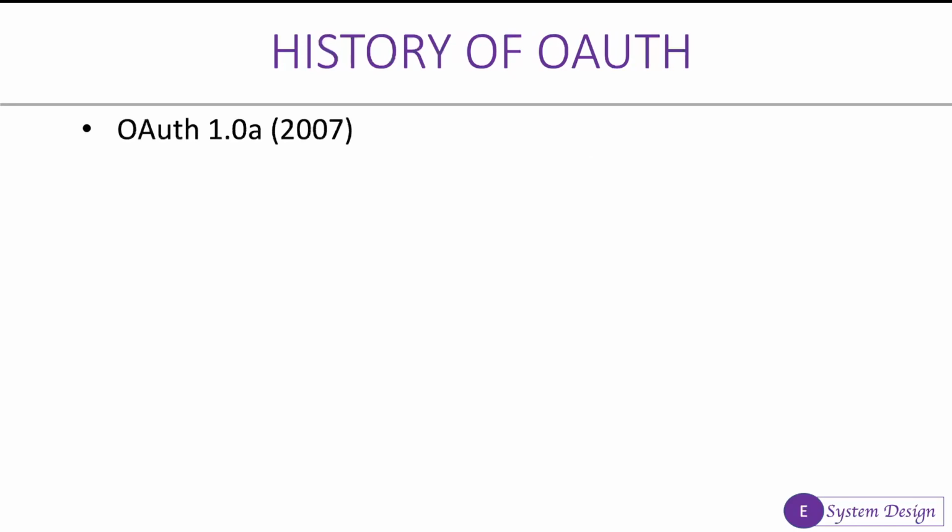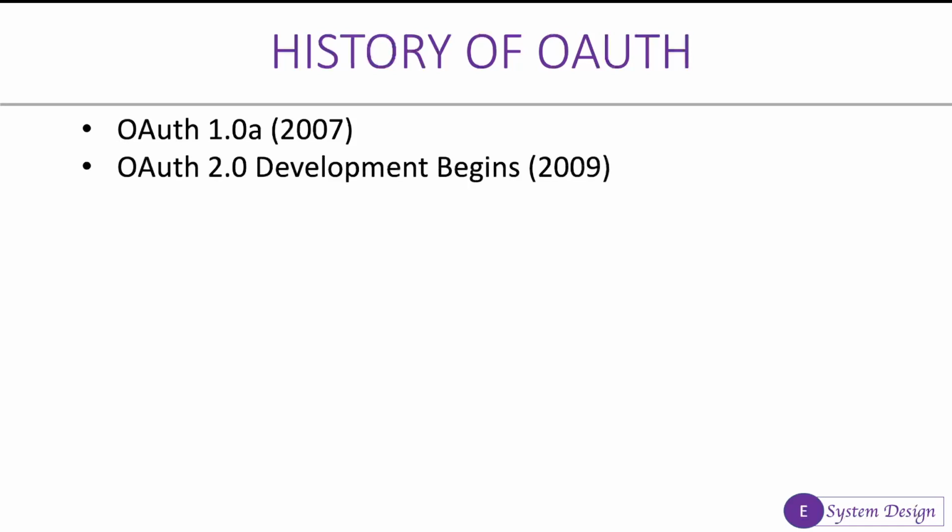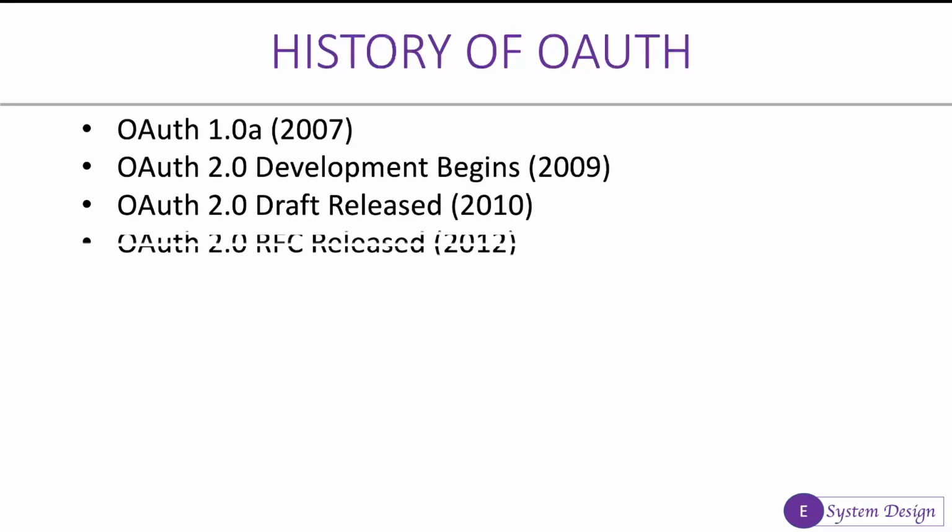OAuth 1.0a was originally introduced in 2007. Then in 2009, one of the authors of OAuth 1.0 started working on a simplified version called OAuth 2.0. OAuth 2.0 was introduced as an internal draft in 2010.